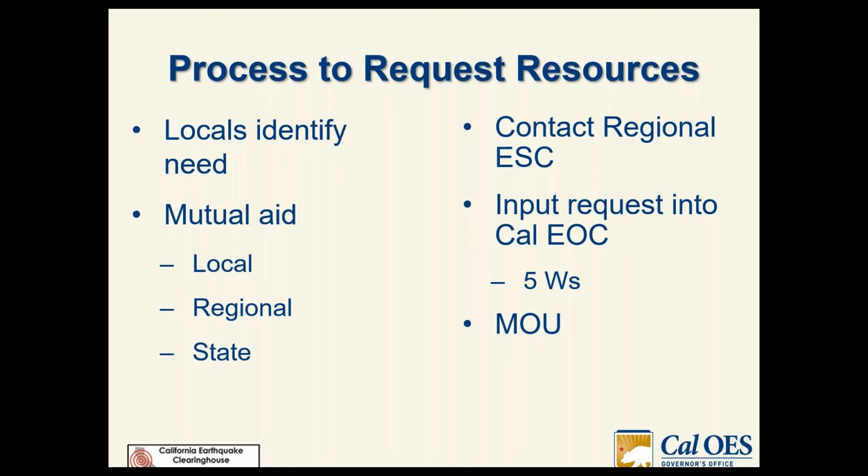If they determine that the county's resources are all tapped out and they don't have any other existing MOUs outside of that, then they can reach up to the region through the contact at the regional ESC, Emergency Services Coordinator.